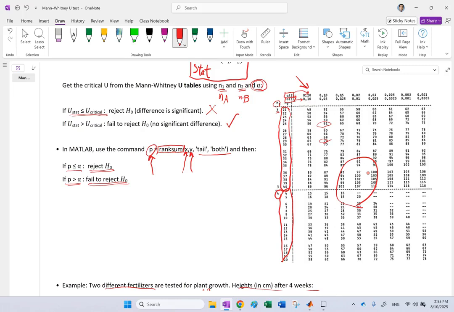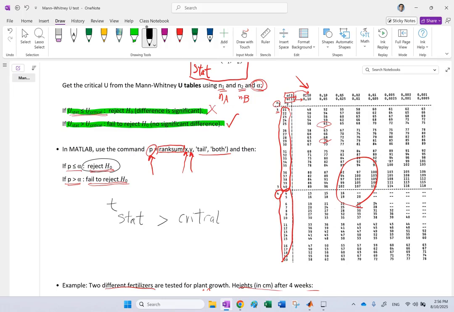And one thing that I want you to pay attention to is that the way that we do the hypothesis testing for the U-test is kind of the opposite of Z, T, or F. If you look at Z, T, or F, we rejected the null hypothesis when my stat value was bigger than the critical value.